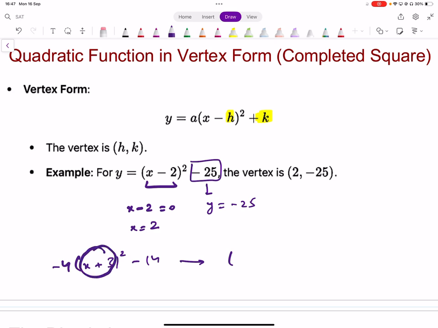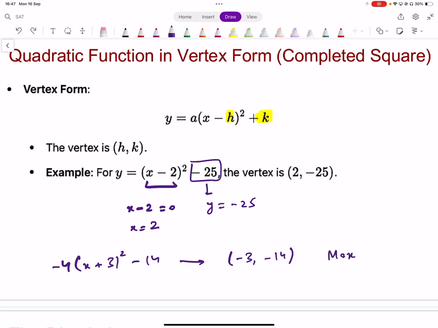Put this equal to 0. What's the value of x that you get? Minus 3. And then the number outside, that's the y coordinate, minus 14. Is it a maximum point or a minimum point? It's a maximum point because it's an N-shaped curve. Right? So it's a maximum point.